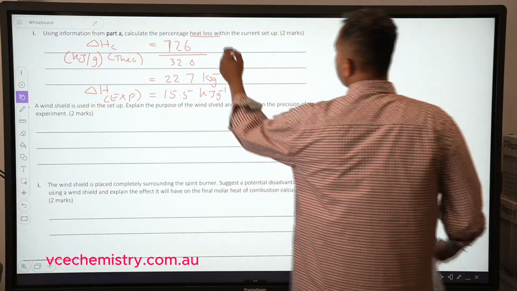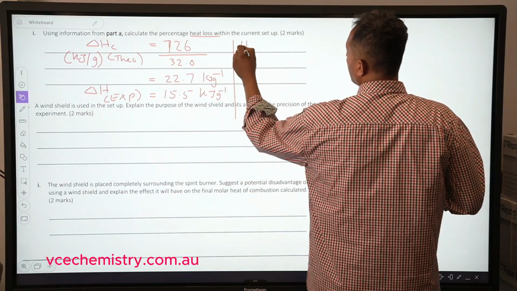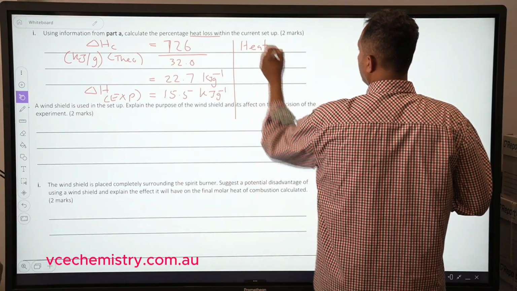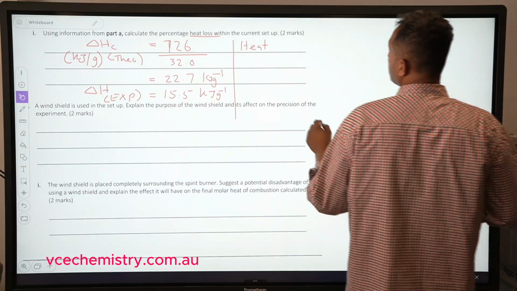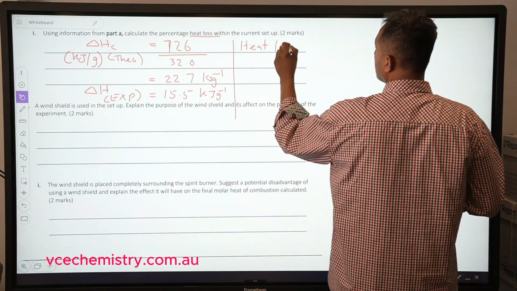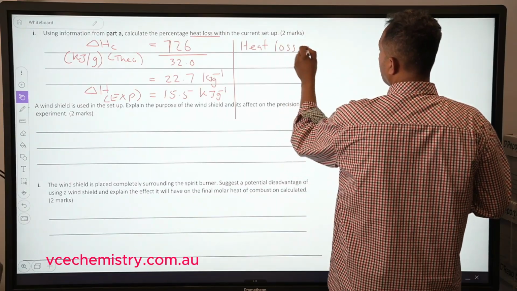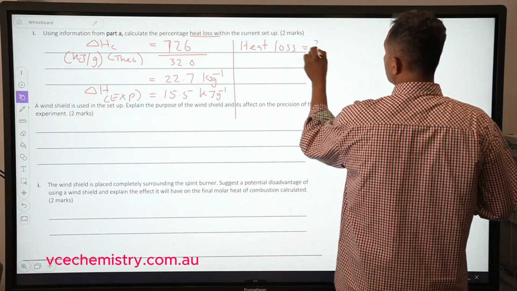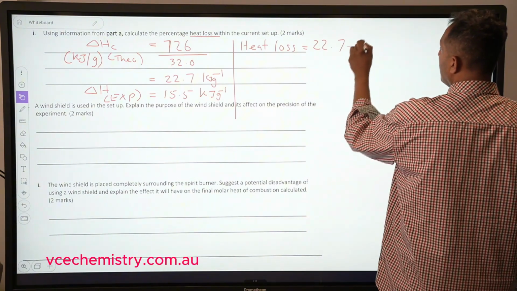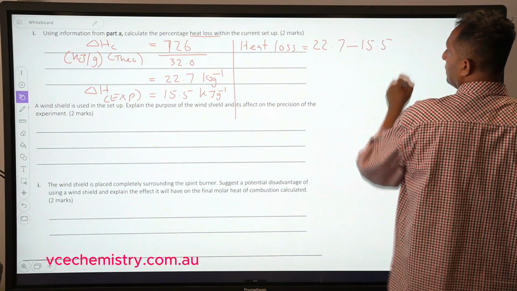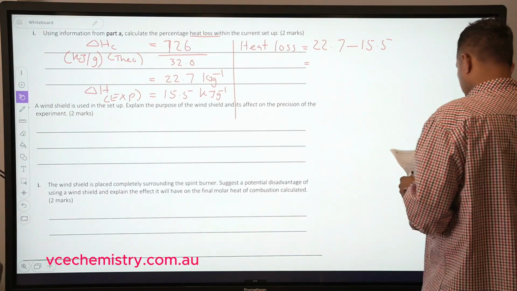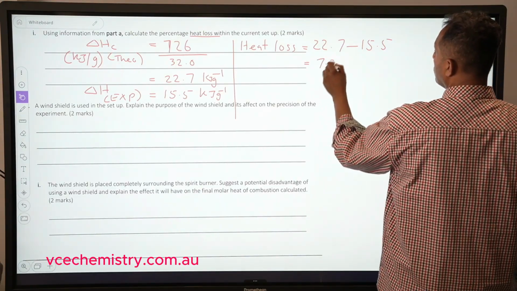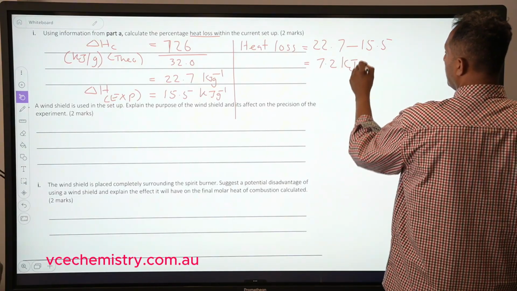So heat lost we can work out: 22.7 minus 15.5, so the answer is 7.2 kilojoules per gram.